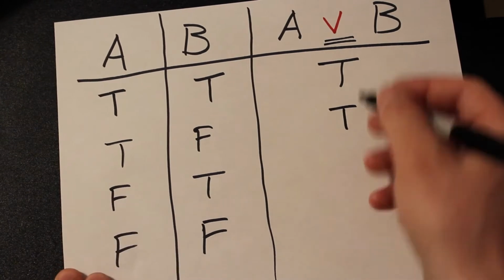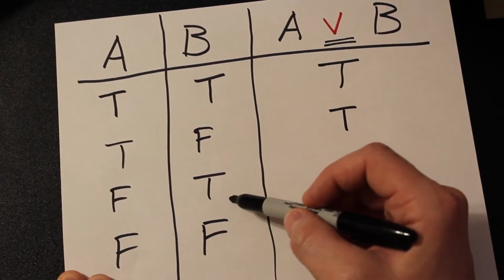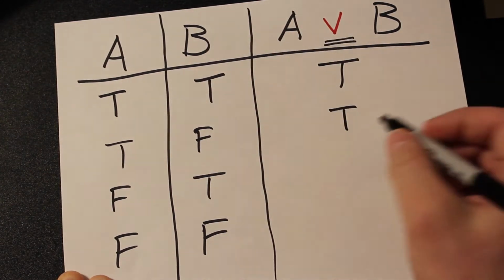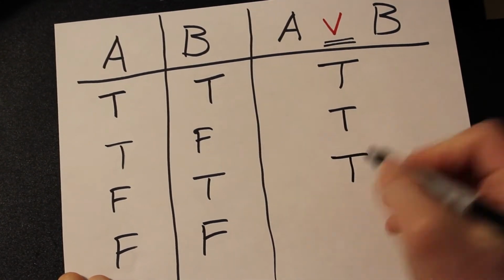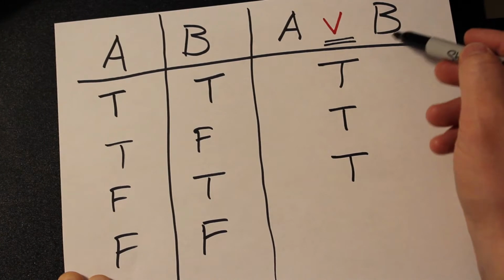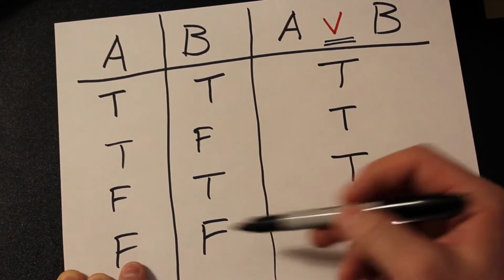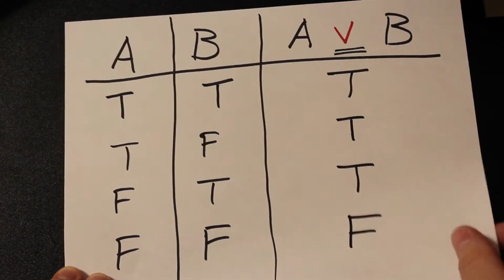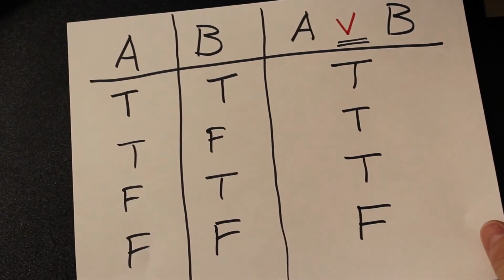So that's true, the whole sentence. Same situation, just Anne goes swimming is false and Bob goes swimming is true. So again, this whole sentence of A or B is true. And then lastly, where both of them are false, this will be false. All right, that's our truth table for or.